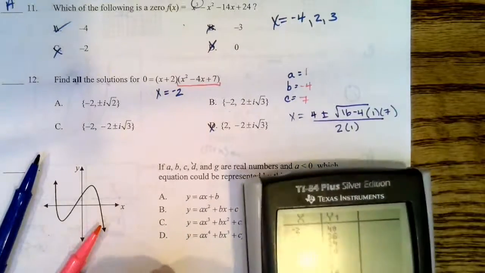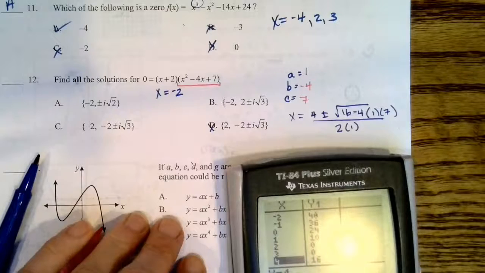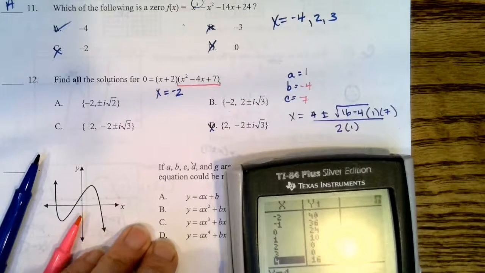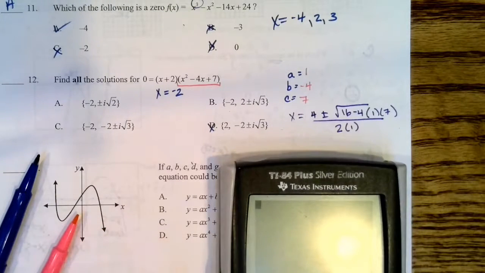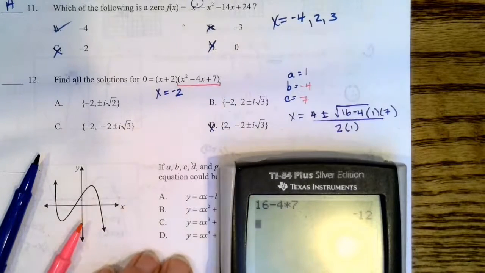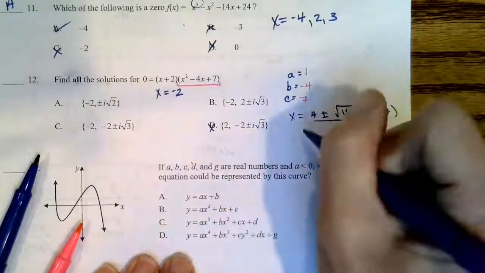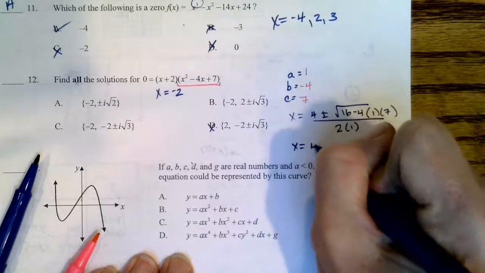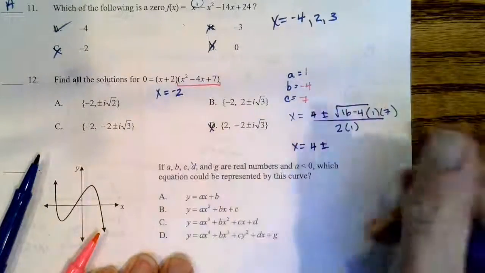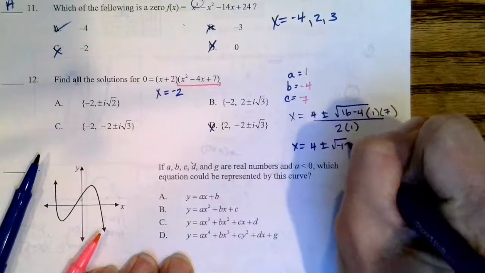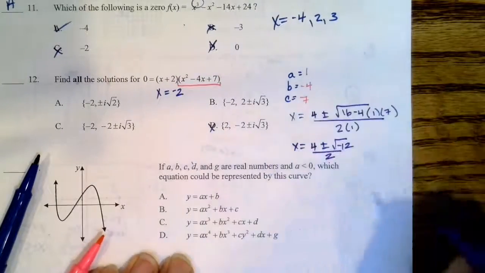When I go to my calculator to find my discriminant, I'm going to go to my home screen and say 16 minus 4 times 7, which gives me negative 12 for my discriminant. So x is equal to 4 plus or minus the square root of negative 12 all over 2.